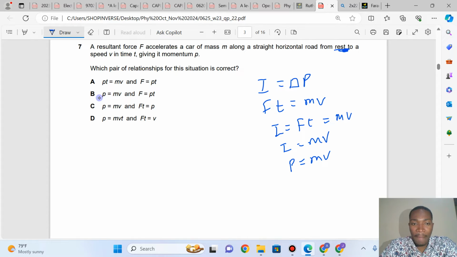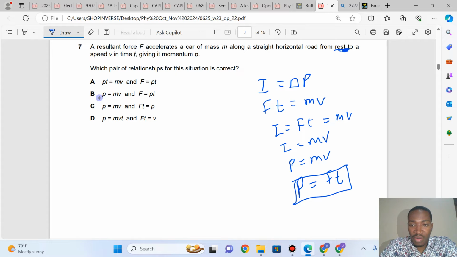Okay, since momentum equals F times time, momentum is equal to impulse.